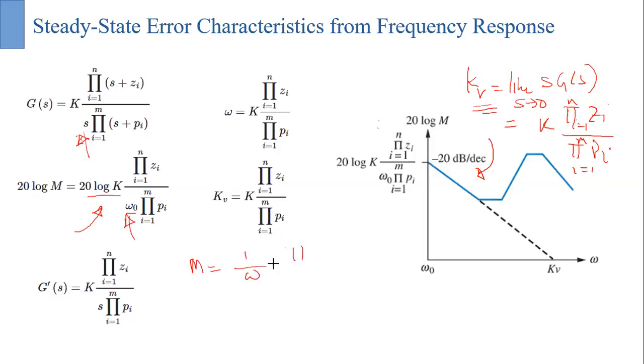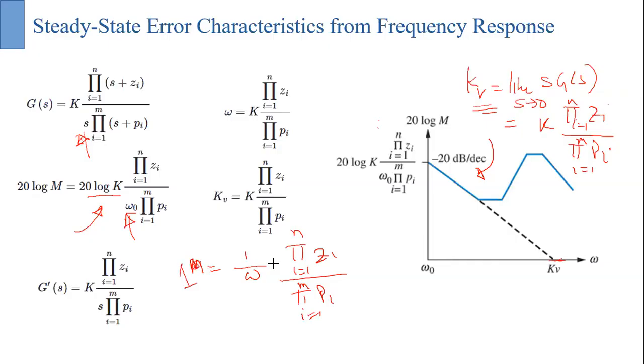Then you will have product of i equal to 1 to n zi, so all the zi multiplied divided by all the pi, i equal to 1 to m. So now if you can find out the 0 dB line, so whenever it is intersecting with the 0 dB line, at the 0 dB line magnitude is 1. So you can say that the magnitude is 1.